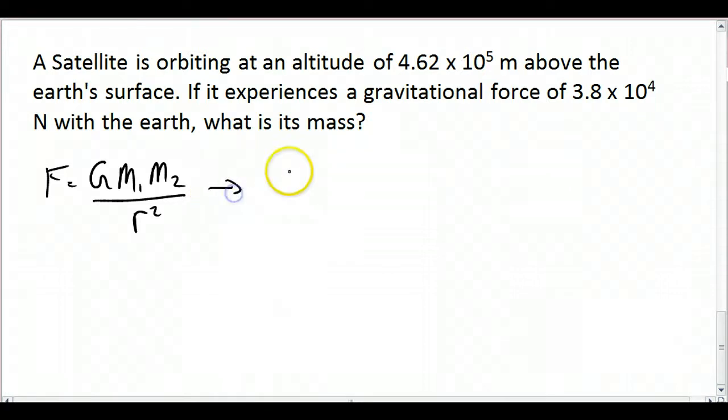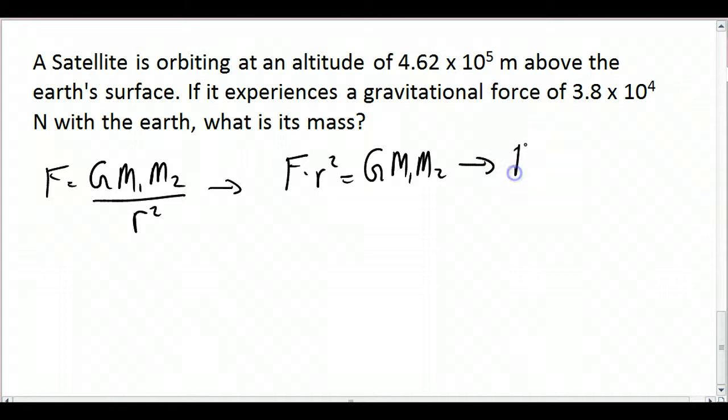So the first thing I'm going to do is multiply both sides by r squared. So I would get F times r squared equals G m1 m2. And now I'm going to divide both sides by G m1. So I'm going to get F r squared over G m1 equals m2. So now I've got the thing that I want by itself.